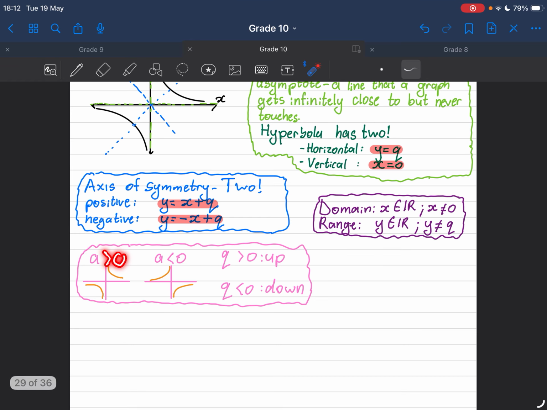if the value for a is greater than 0, or if it's a positive value, the graph exists in this setup, one in the first quadrant and one in the third quadrant. But if it's less than 0, or if it's a negative value, then your graph exists in the second and fourth quadrant.